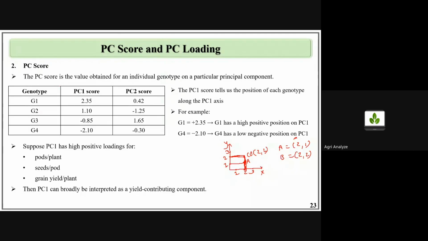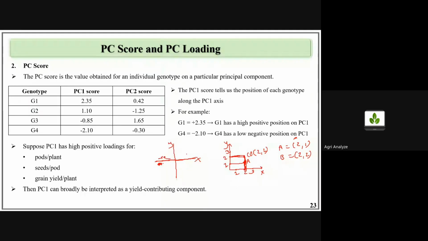Same way, this is the point of G1 in biplot. Here we have positive and negative values, so we have this type of graph. Here X and Y. This side of the x-axis is positive, this side is negative.